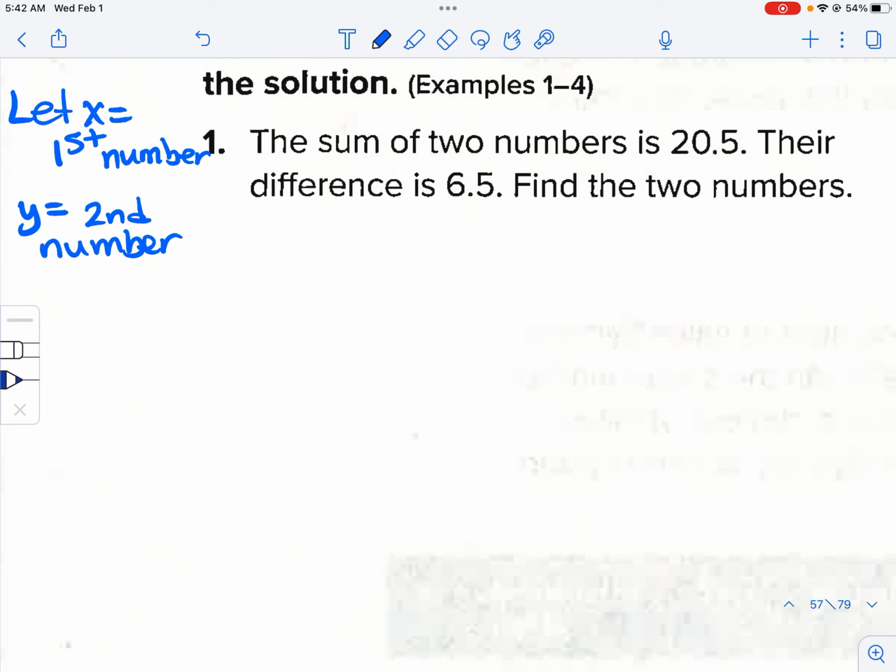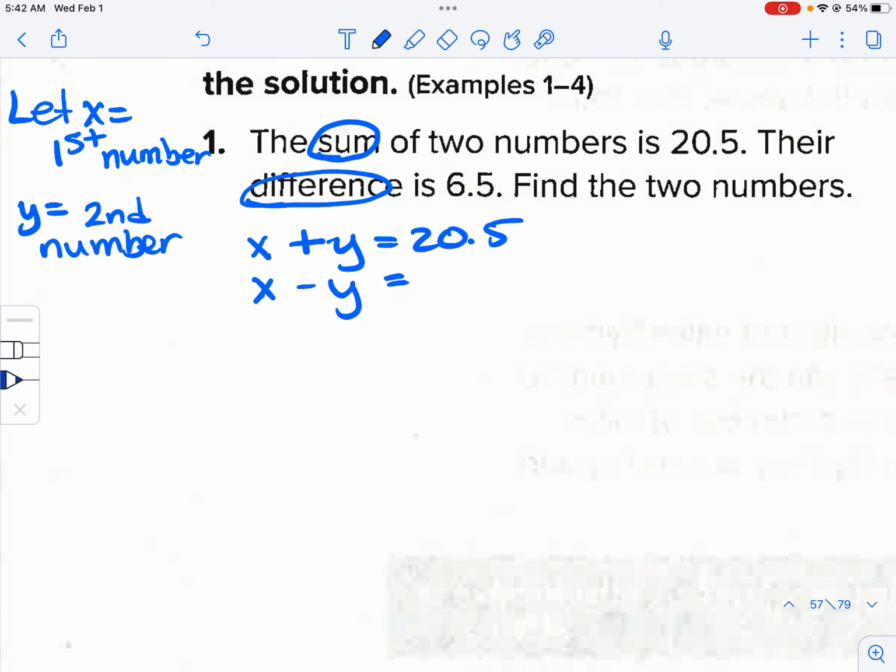Okay, so we have the word sum. Because we have the word sum, that means there's addition going on. I'm adding the two numbers, and that's going to equal 20.5. Then it says their difference, so I'm going to subtract the two numbers.